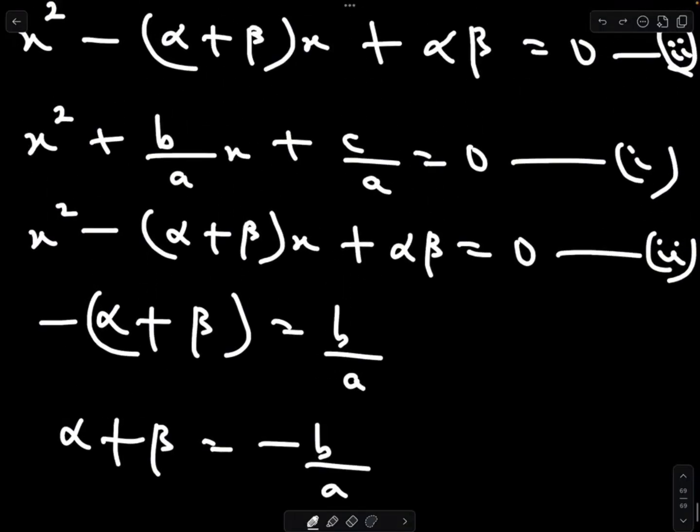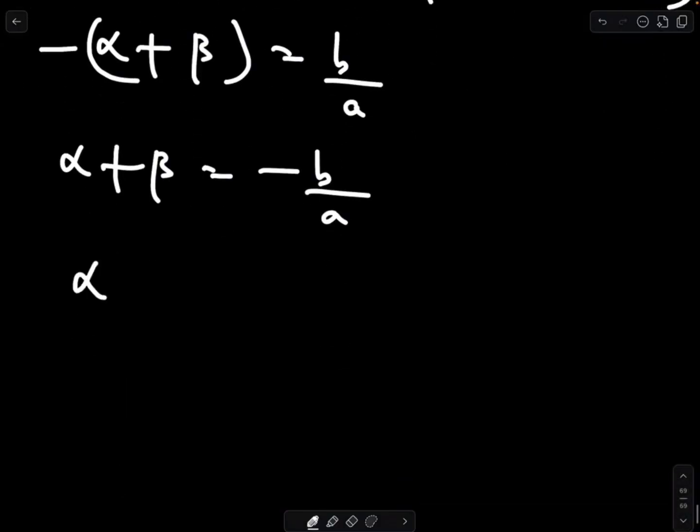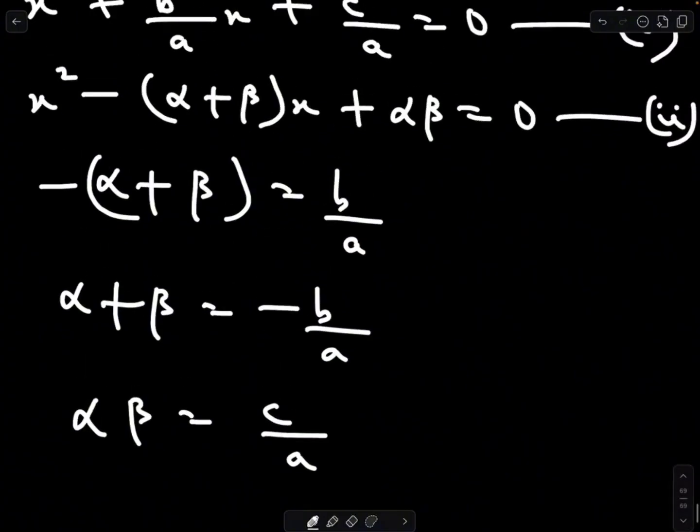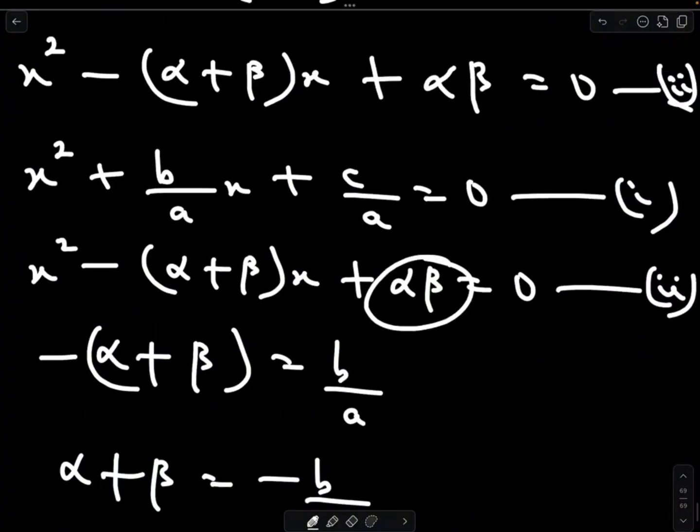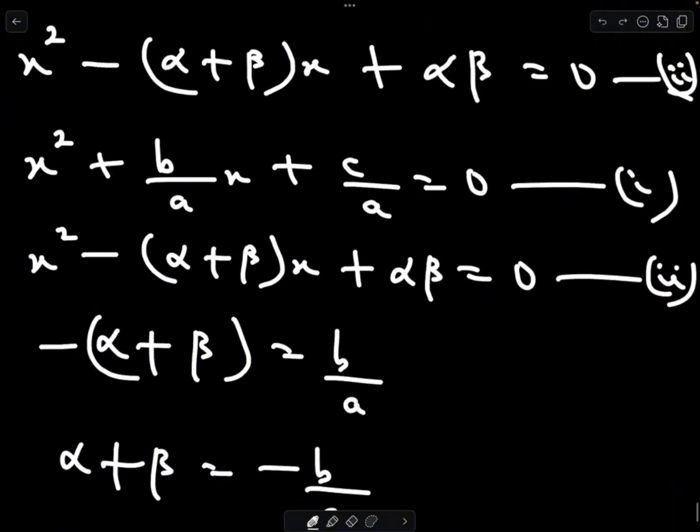And if I compare the constants in the two equations, the constant in equation 1 is c over a, and the constant in equation 2 is alpha beta. That simply means alpha beta equals c over a.